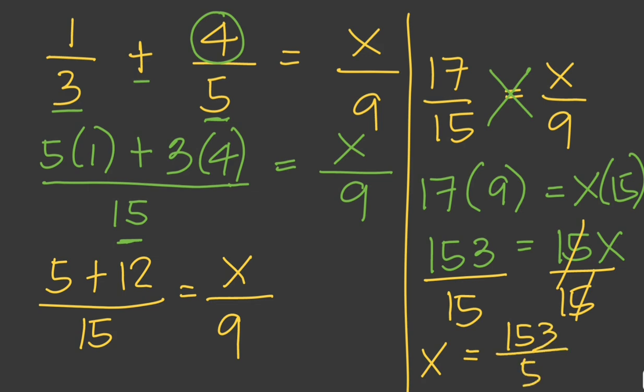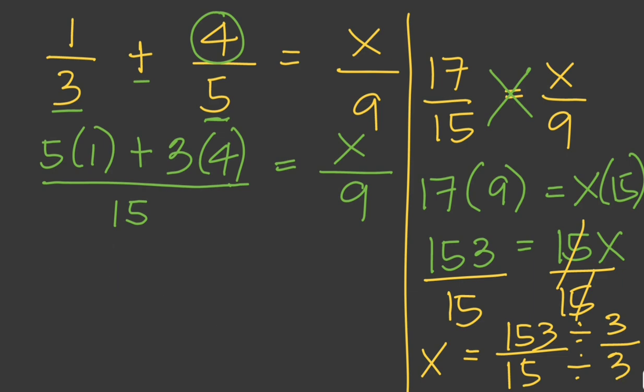We can further reduce 153 over 15 by dividing both the numerator and denominator by 3, since 153 and 15 are both divisible by 3. So the value for x is just 153 divided by 3, and that is 51, over 15 divided by 3, that is 5.